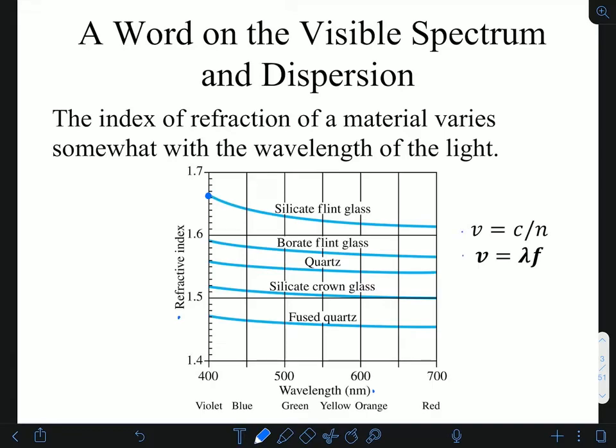Notice that the index of refraction is equal to the speed of light in a vacuum divided by the velocity of light in the material.